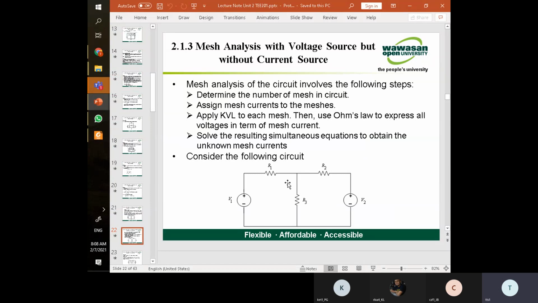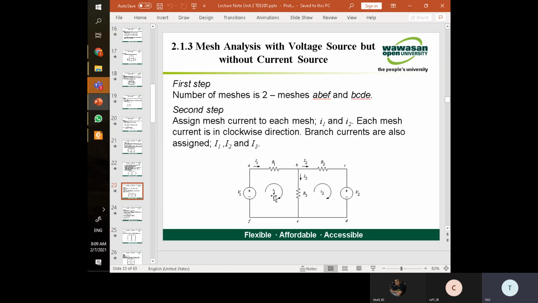Here apparently we have 2 loops, where we can sum up all the voltages, just like this one, with I1 and I2.